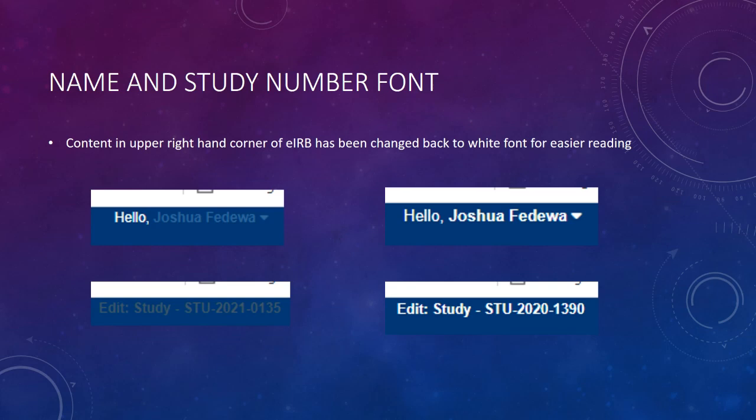We've now had AIS change that color back to white, so that it's easier to see against that blue background. This may have been browser specific in some instances, but starting Thursday, every browser and every screen will show that text in white font so you can read it easier.